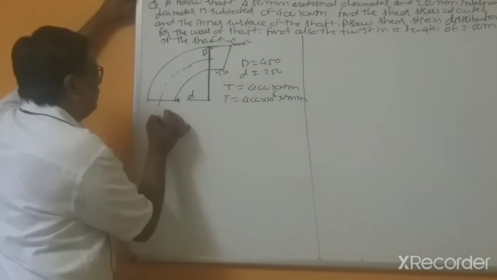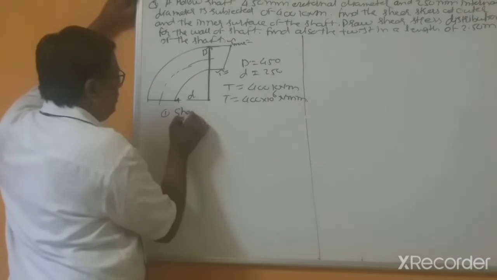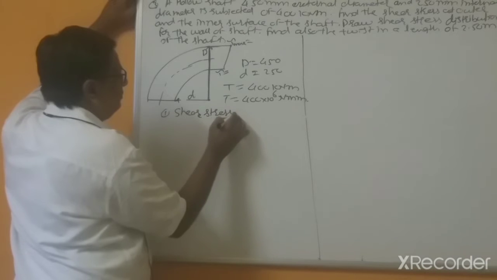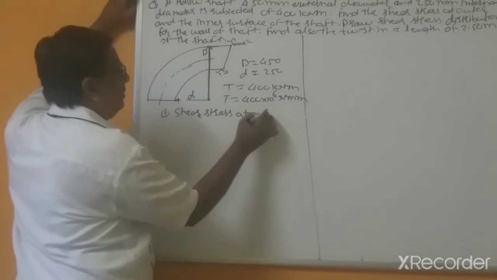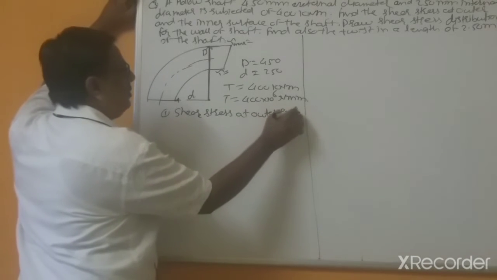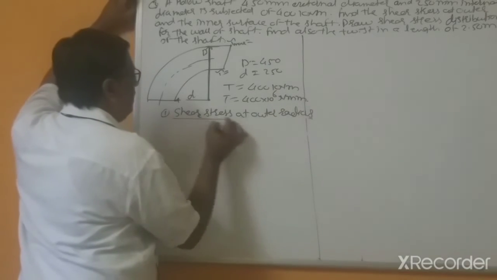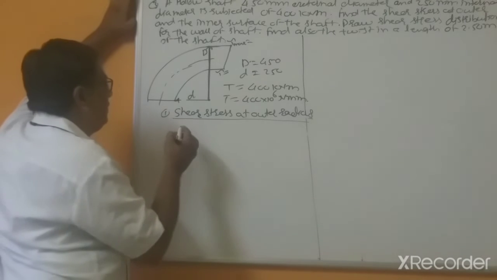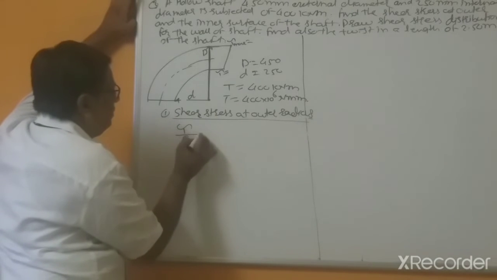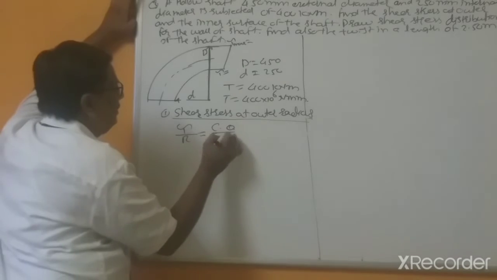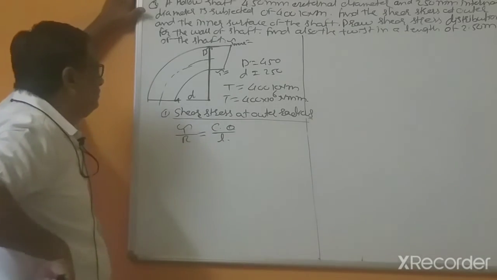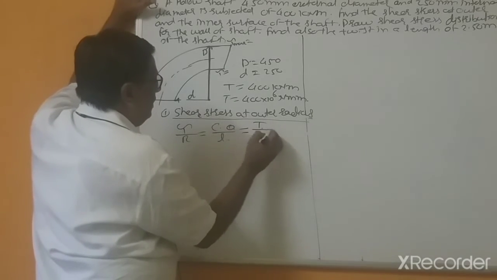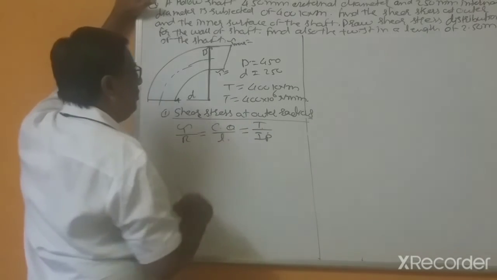So yes, first, shear stress at the outer radius. Here we use tau divided by r, C theta divided by L, and this is T divided by polar moment of inertia.